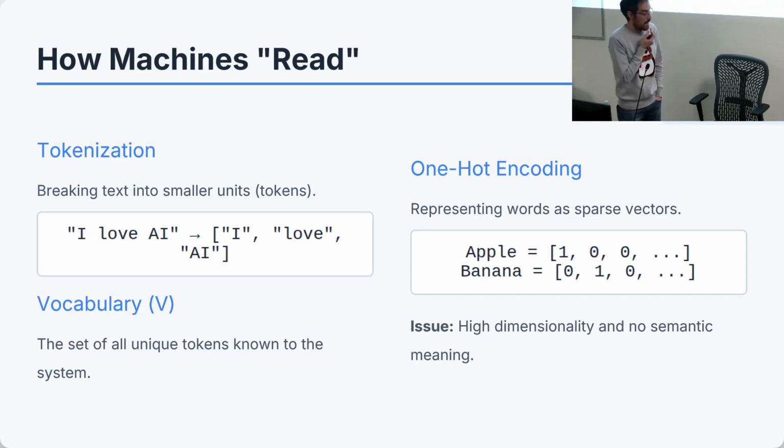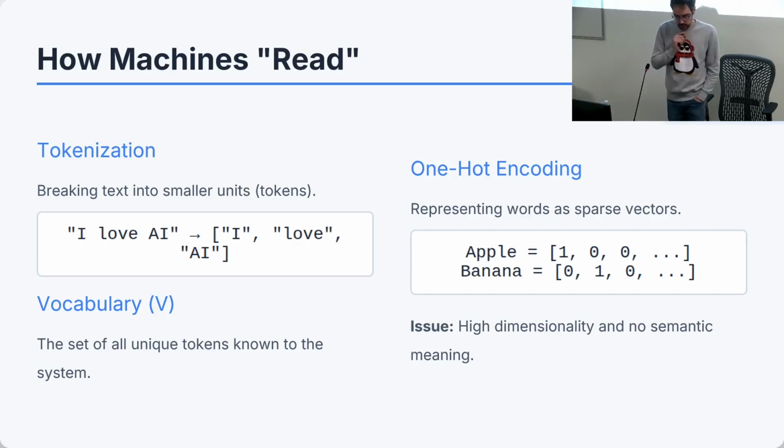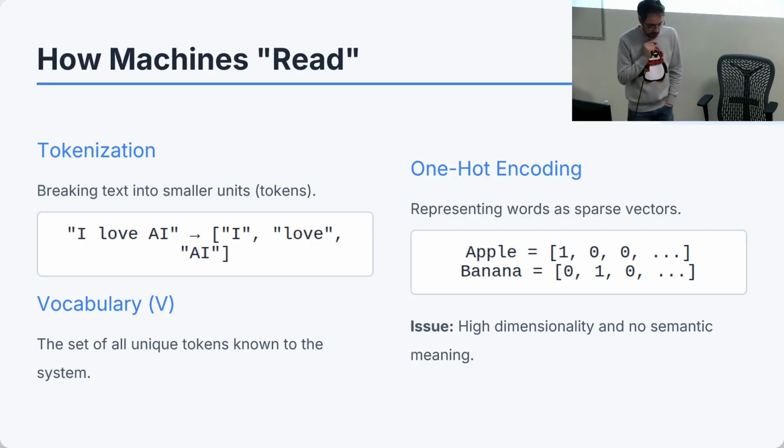So now, okay, how can we do all of this? We can do all this fancy stuff. So now we will try again to overview some of the techniques. First of all, usually the first step in our journey to making a machine able to understand text is so-called tokenization.